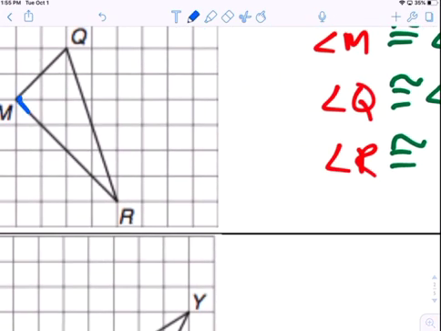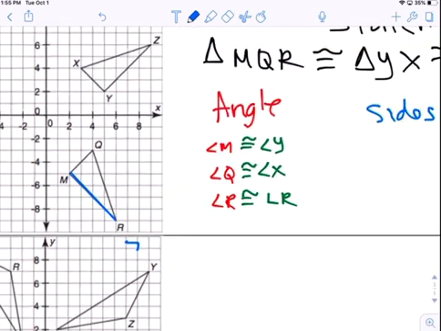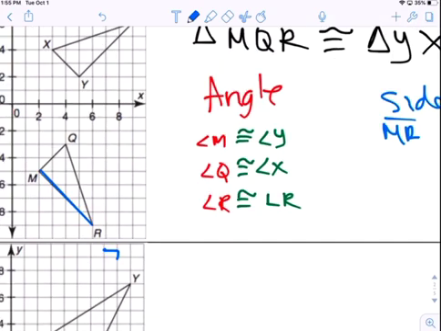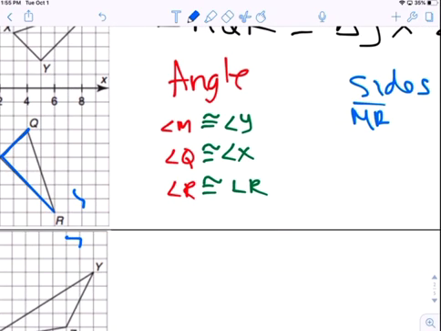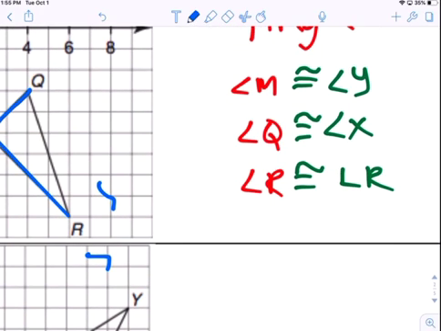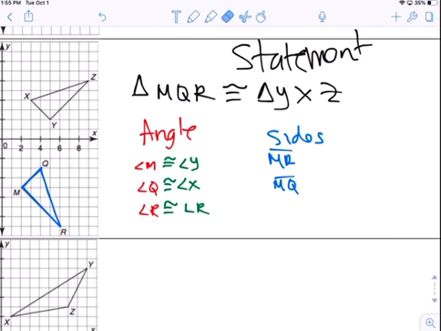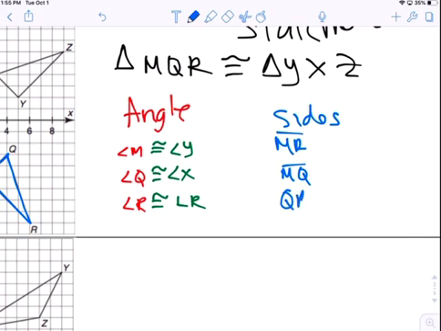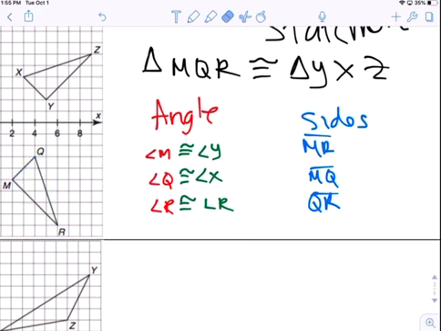Let's take a side, M to R, and the other side is M to Q, and the last side is Q to R. M to R is Y to Z. Y to X is M to Q. And then Q to R is X to Z.